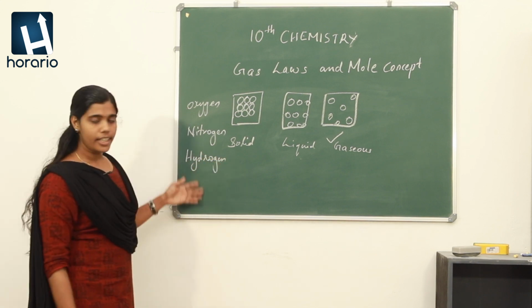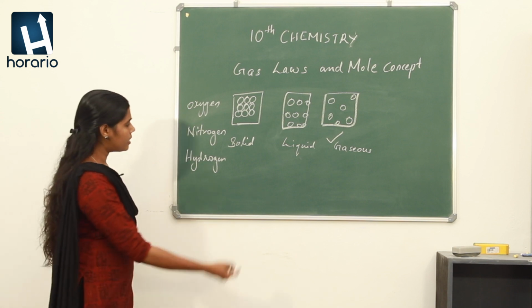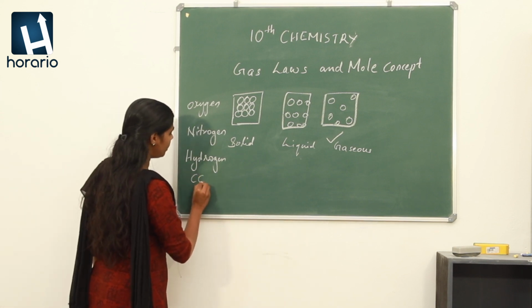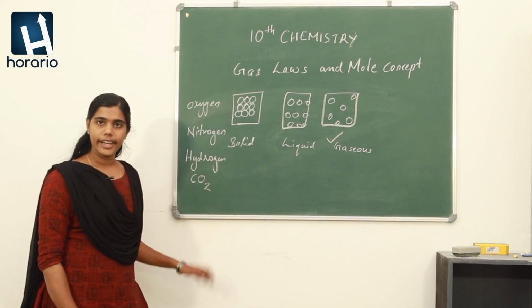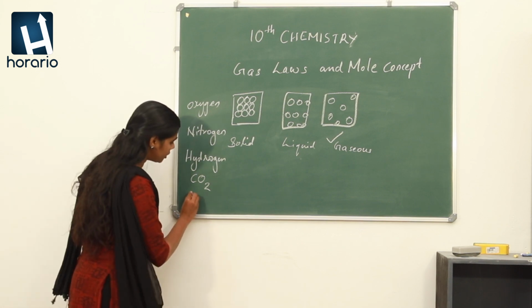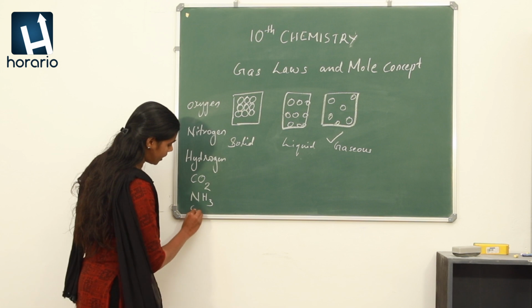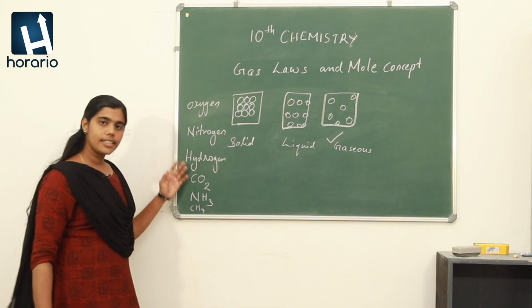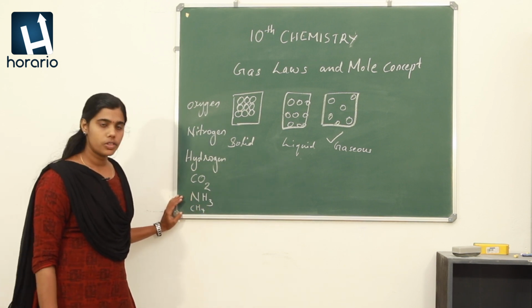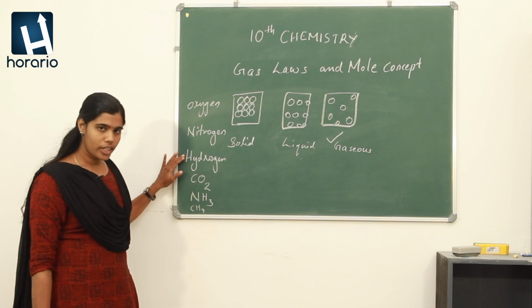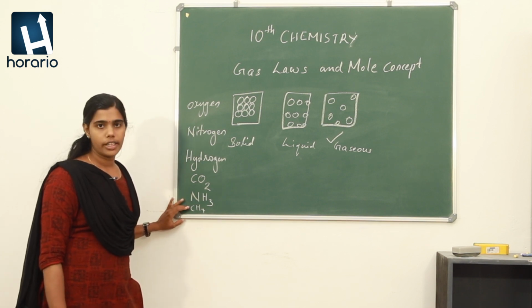These are in elemental state. Some others are CO2, carbon dioxide, NH3, ammonia, and methane gas, CH4. These are in compound state.